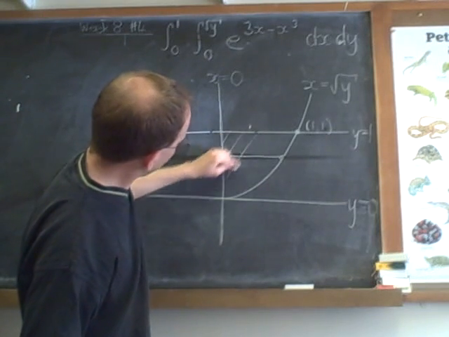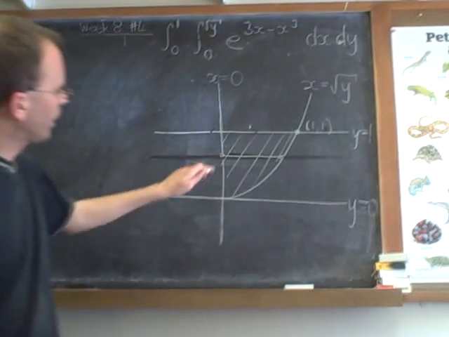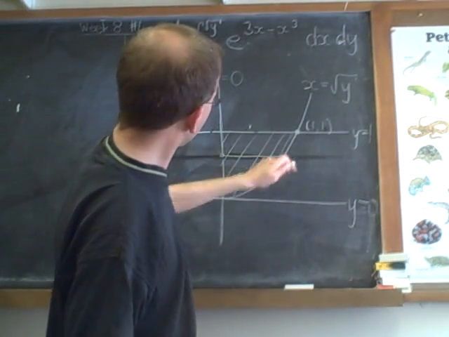So yeah, this must be the region. We're going from x equals 0 to x equals root y.